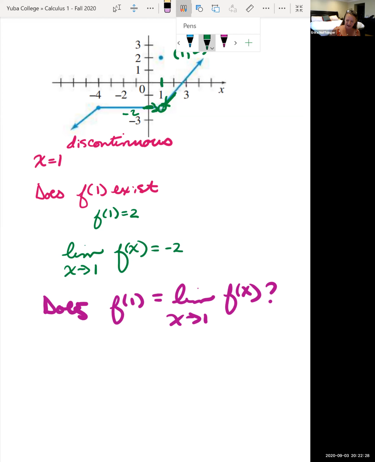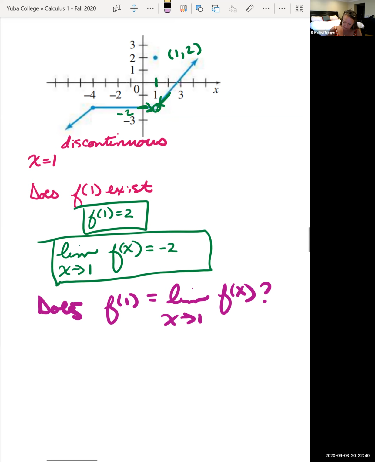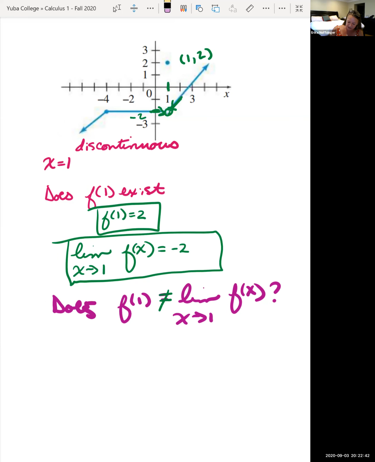No, we saw that one was 2, and we saw that one was -2. And because that condition doesn't hold, this tells me that this is not continuous. So not continuous at x equals 2.